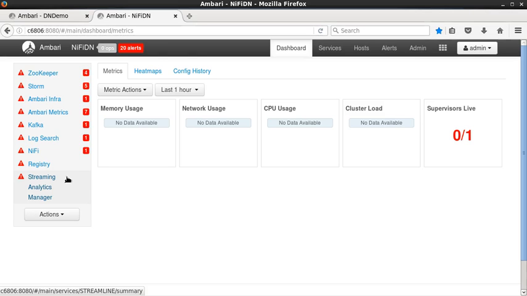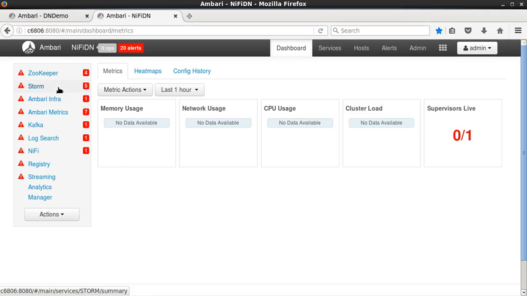You're moving data from point A to point B, and typically you're going to need some of these things. There are two, maybe three components that are most important here. You will see Ambari infrastructure and Ambari metrics. Obviously, there is a large amount of infrastructure that is needed to monitor each and every service on each and every node and make sure that these services are running appropriately.